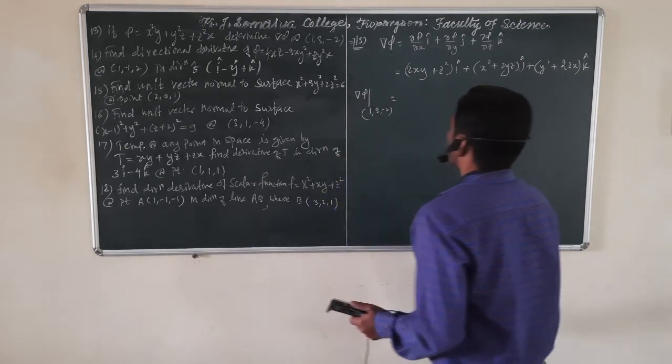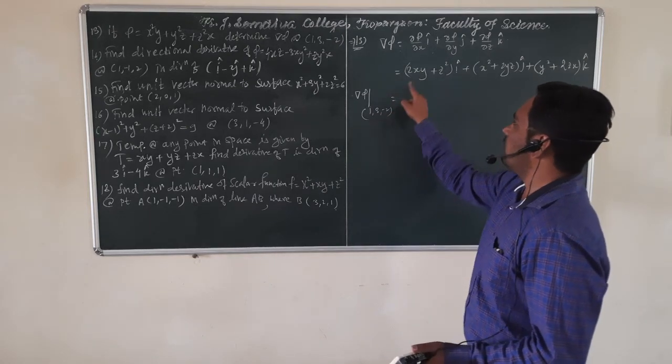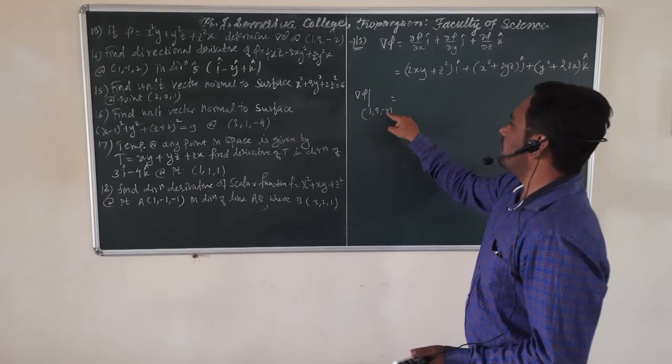Here we put the value of x as 1, y as 3 and z as -2.